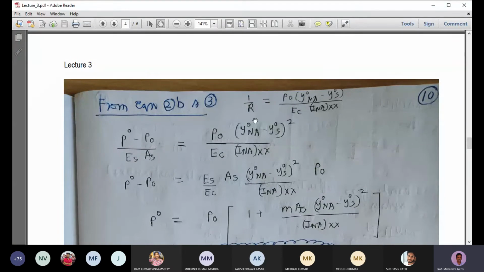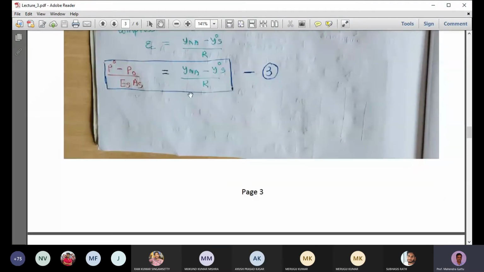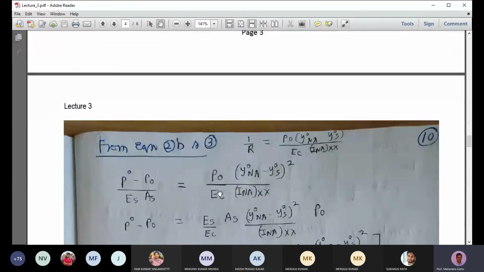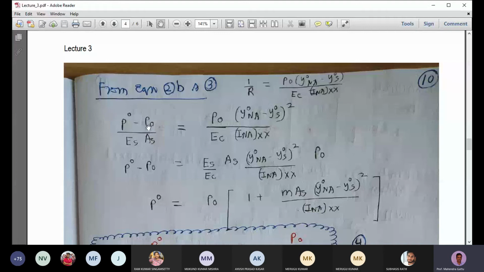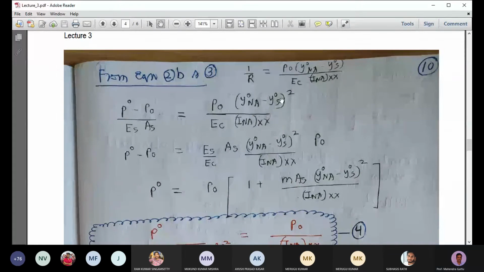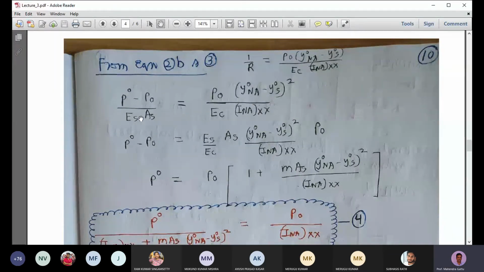And this 1 by R we substitute here, in (Y neutral axis minus YS) by R. So what will happen is we'll get P naught minus P by ES AS is equal to P naught by EC. There is already YNA minus Y naught S, so we will get a square term: (YNA minus Y naught S) square by I neutral axis. And we send ES AS to the right hand side.